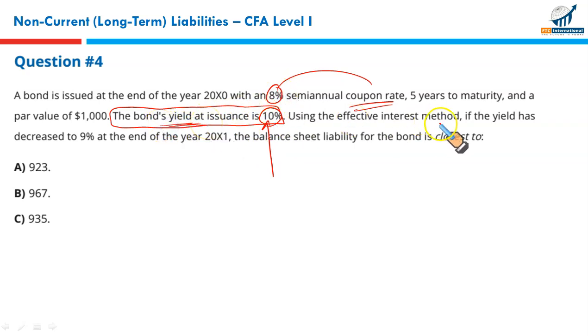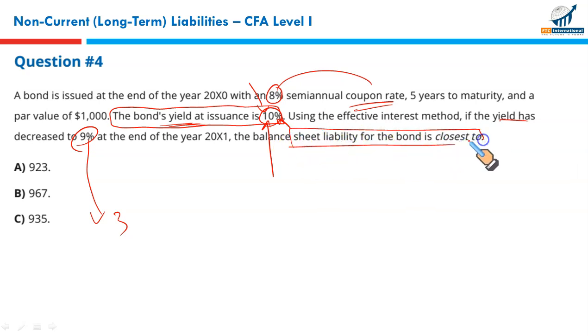Even though the yield has fallen to 9%, it might even fall to 3%, I don't care. For discounting, the yield rate that was prevalent at the issue date is used, not the rate when the balance sheet date is being observed. So we have to consider the rate used at the inception, when the bonds were issued.